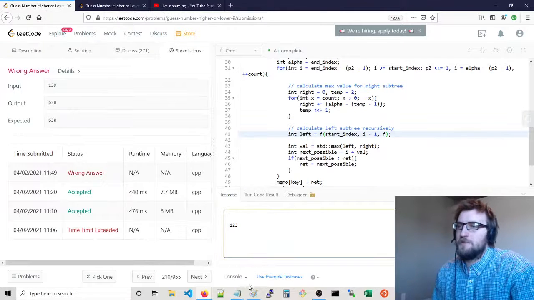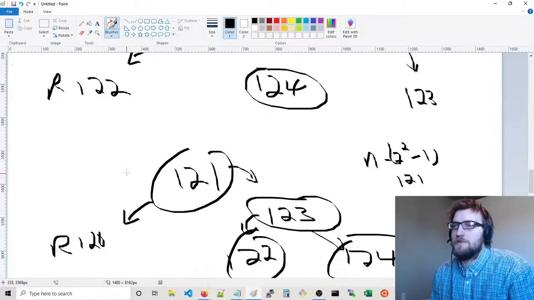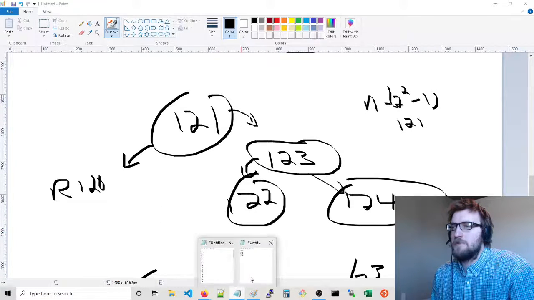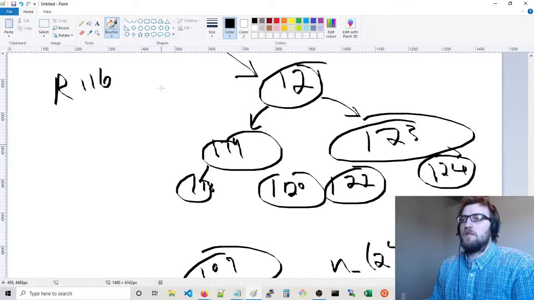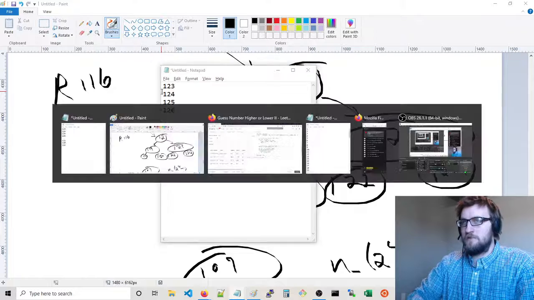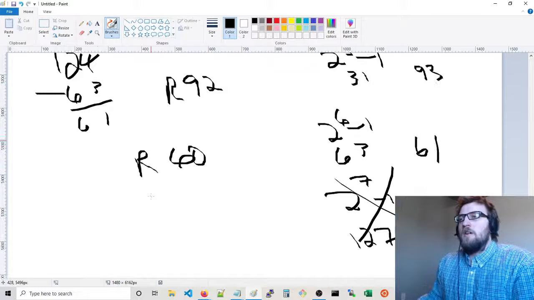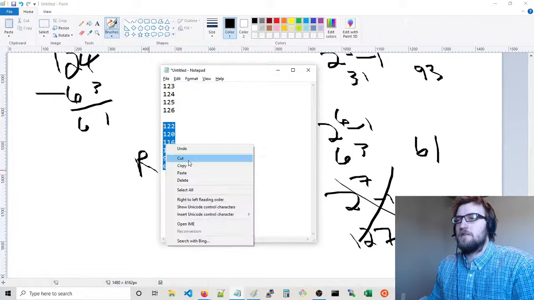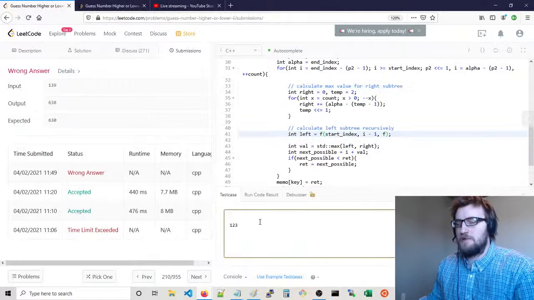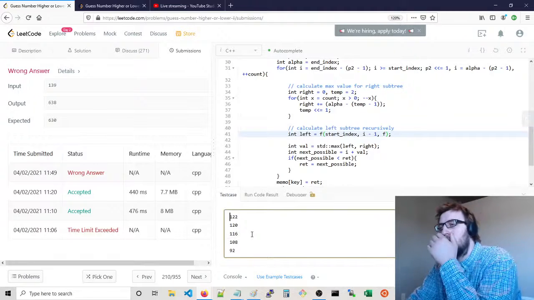Each of these recursive cases will compute directly. 122, 120, we can record them here, I think. 116, 108, 92, and 60. Okay, so we want all of these. We want each of these now. Okay, oh no, we're fine. That's good. All right, great.